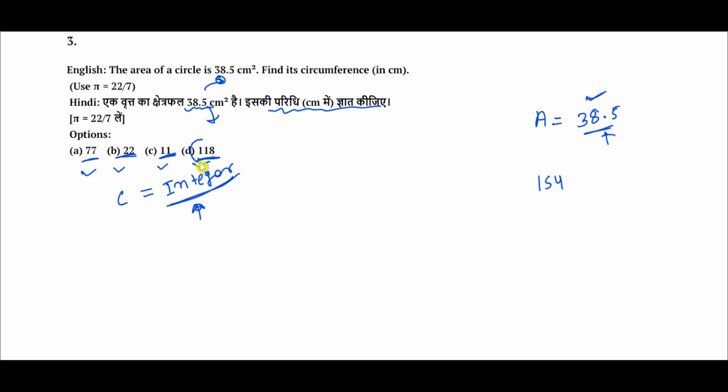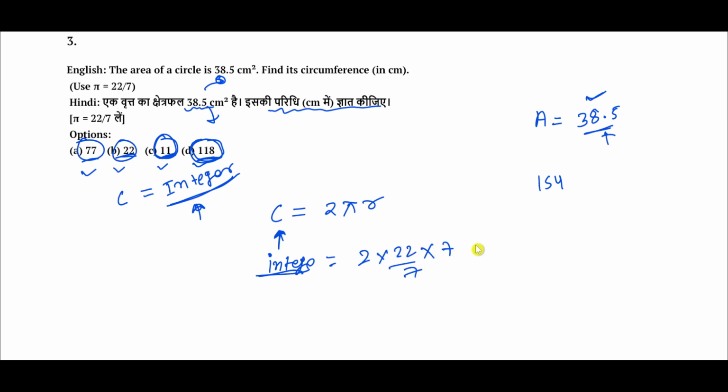I know the only way possible circumference in nature of integers, when you have a formula C equal to 2 pi r, the circumference value in form of integers is only possible when you take the radius value 7 or multiple of 7.